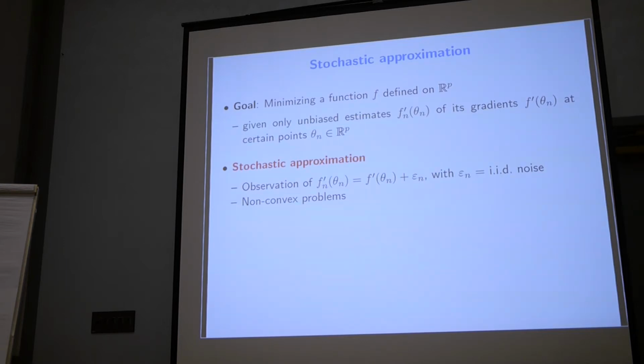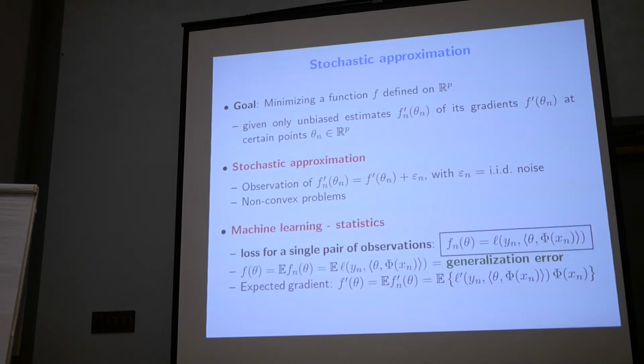This has been studied a lot in signal processing, in setups where you have additive noise, but for machine learning, the natural setup is to consider one loss for each observation. When you see an observation, it creates a loss function like this. You can compute this gradient, and with some simple assumptions, the expected value of the gradient on a single observation will be the gradient of the expected loss. So this is really the key framework that we're going to use.